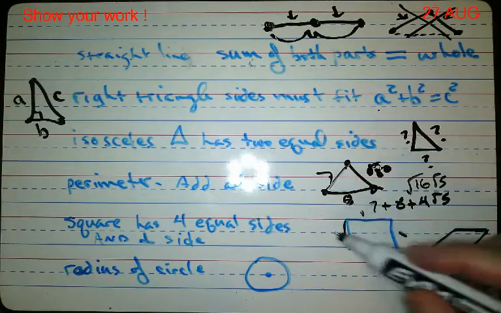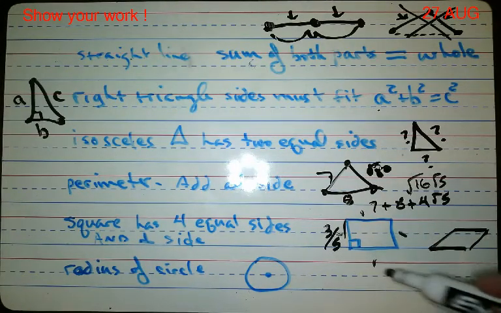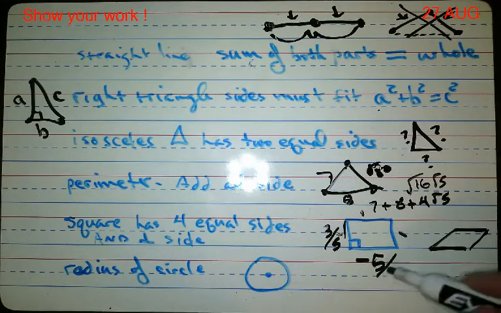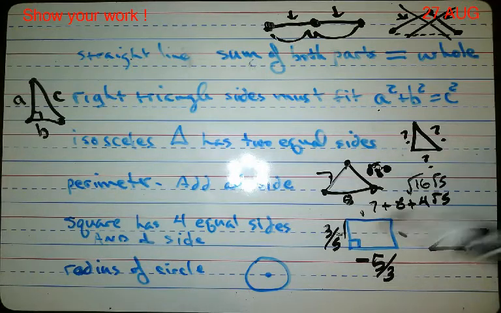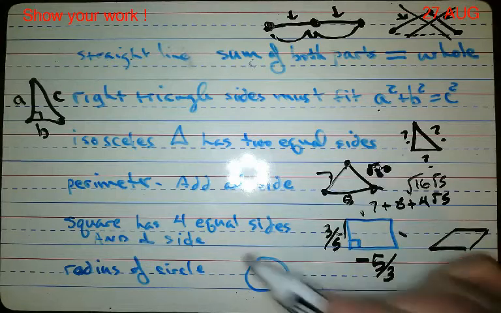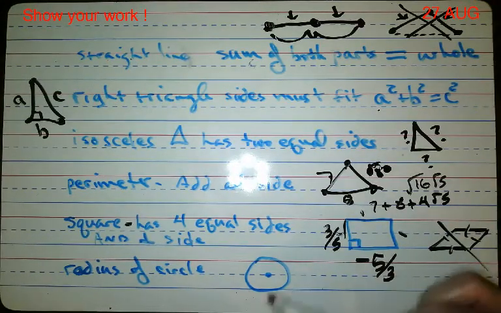So let's say the slope of this one was 3/5. Then the slope, if it's perpendicular, has to be the opposite and reciprocal slope. So if you can prove that all the sides are the same and that the slope of this one is the opposite reciprocal of the slope of this one, then you know it's a square, right? And it's not one of these. Can't be a rhombus.